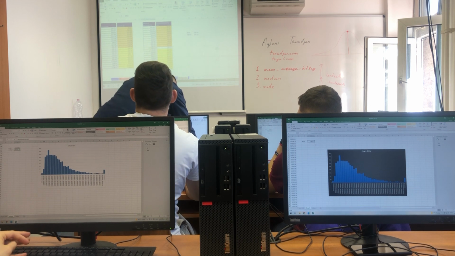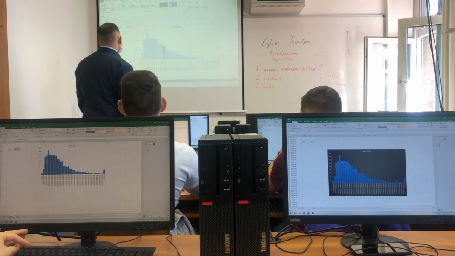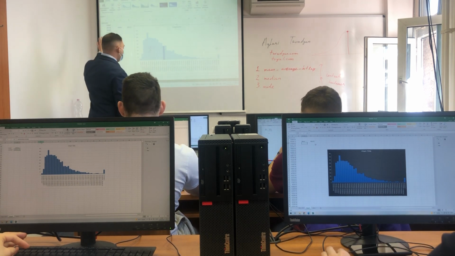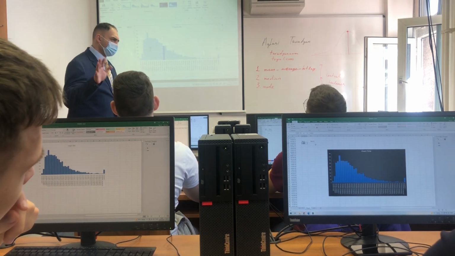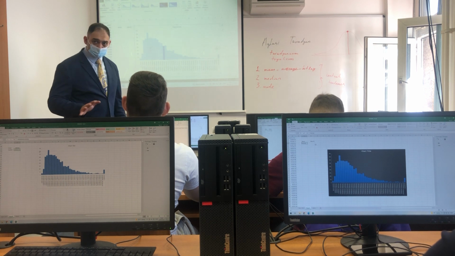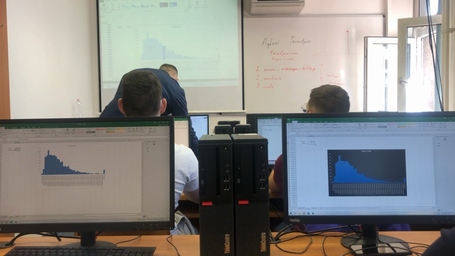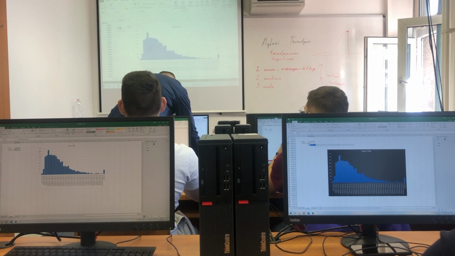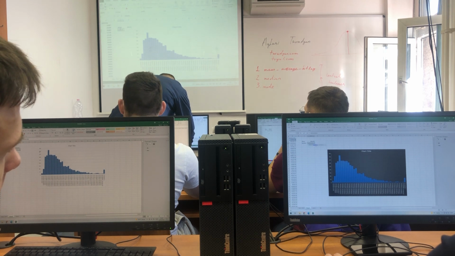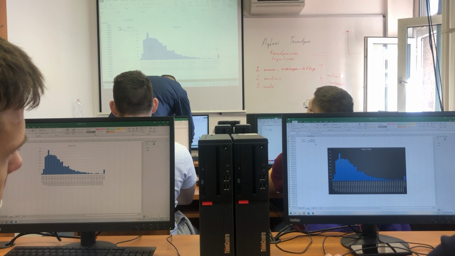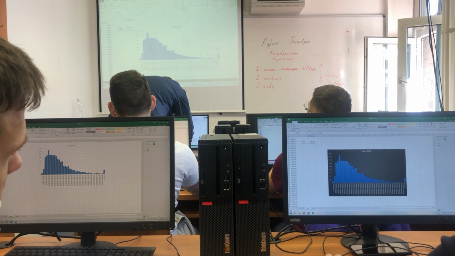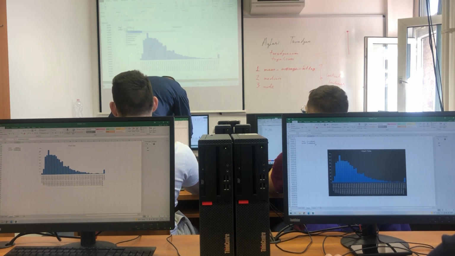Okay. Let's go back to our sample of around 5,000 households and calculate the median. Which will be equals, shift equals, median.